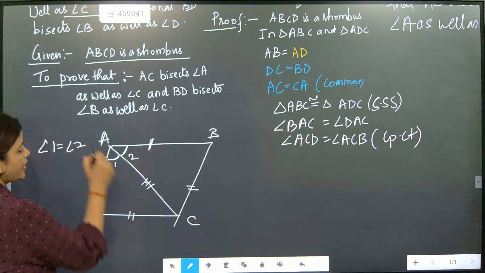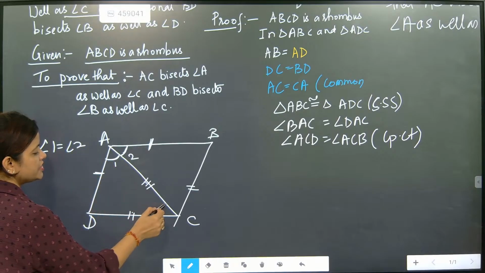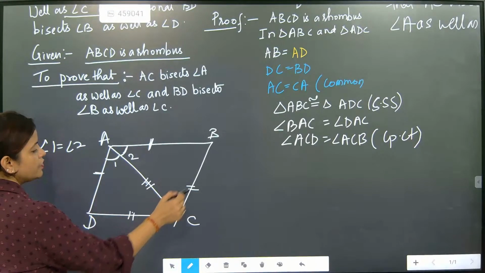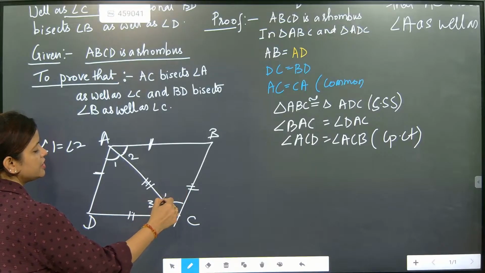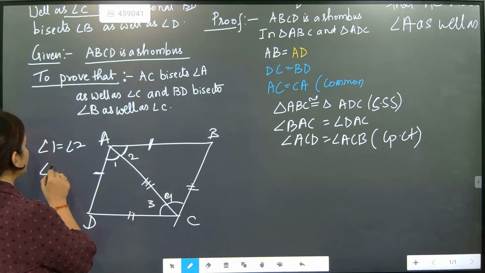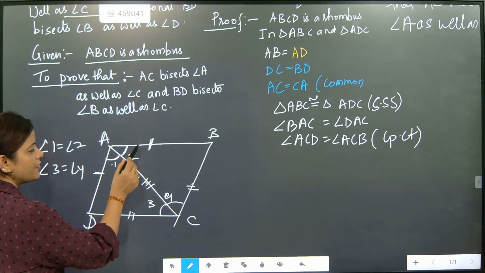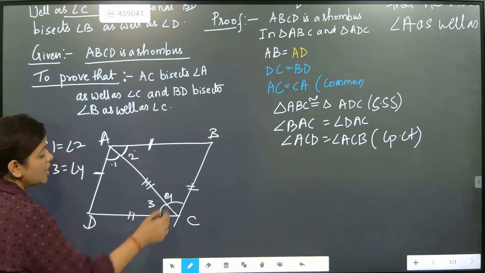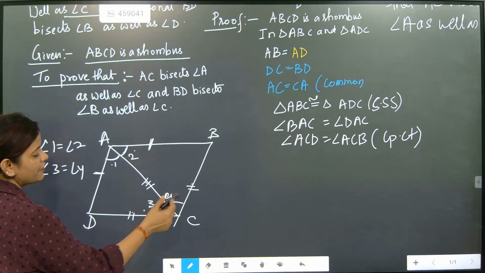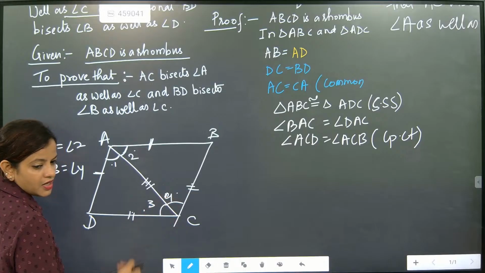Now 3 and 2 are taking this angle, that is angle 3 is equal to angle 4. So if the total is 60 degrees, this part will become 30 and this part will become 30. If the total is 50 degrees, this part will become 25 and this part will become 25.